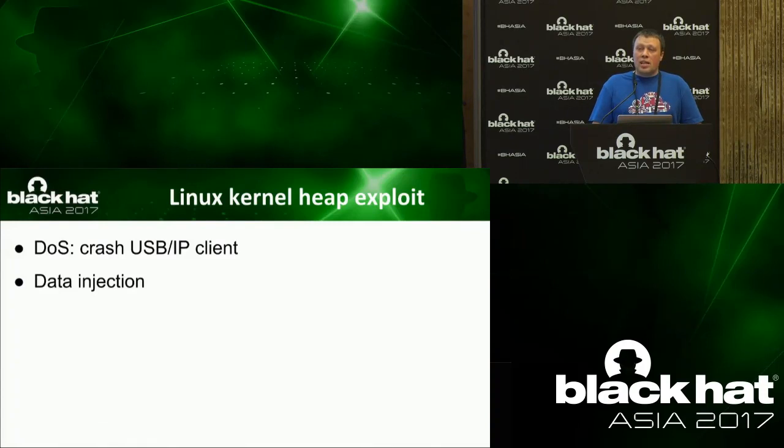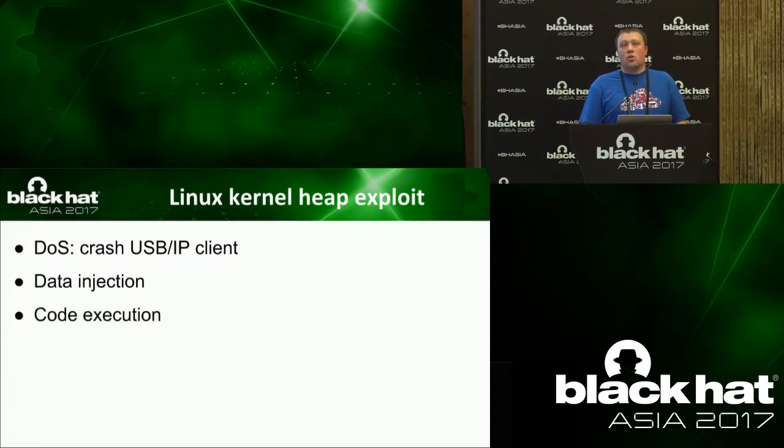You can try to do data injection. So instead of sending some garbage, you can actually try to send some meaningful data and override some pointers. If you override some data, you will get data injection. If you override some function pointers, you may get code execution. Remember that this is a kernel heap exploit.